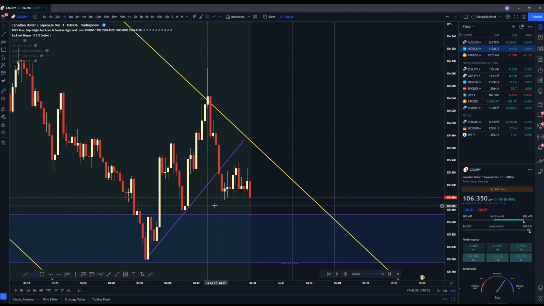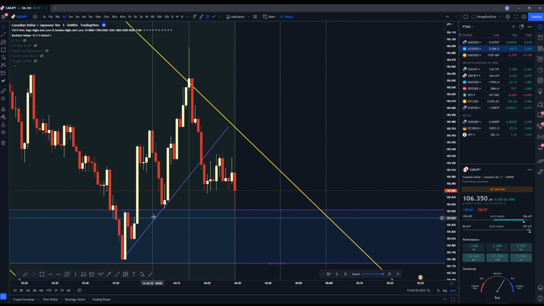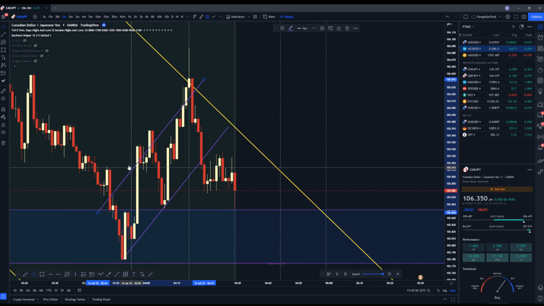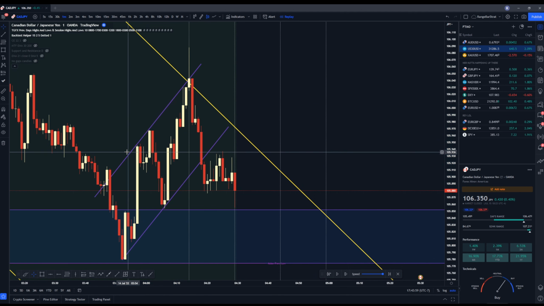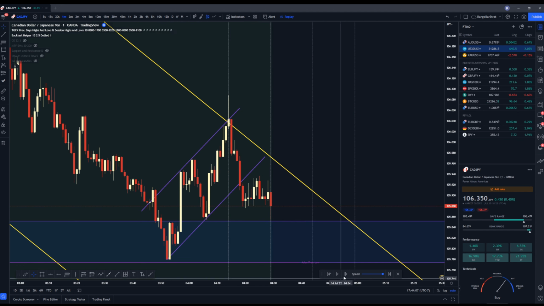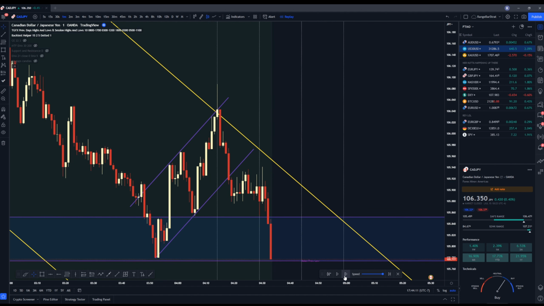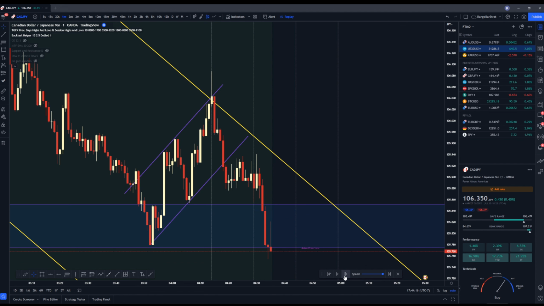So we should make a new high from here, possibly. If this is going to play out, then we would probably be bouncing from somewhere in here. So the zone of demand might actually hold. But let's see what happens. So now we're pushing there. Zone of demand busted through.